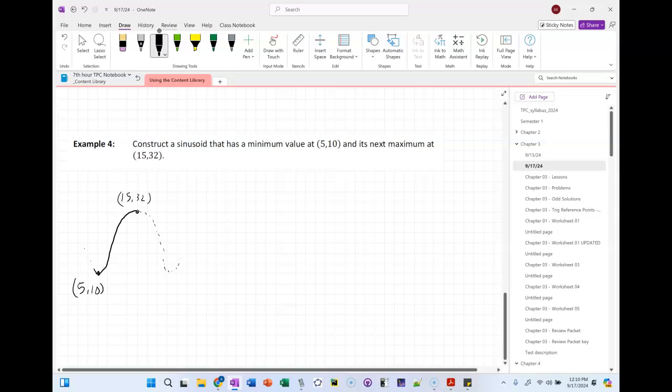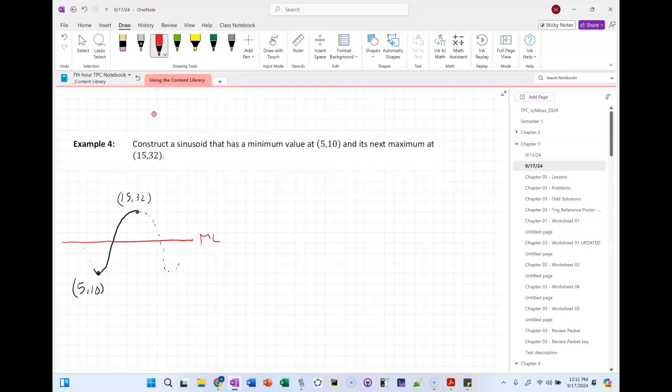Is everybody okay there? So we know the midline is going to look like this, right? Yes, sir. Sure. So we know that midline has to be halfway in between the minimum and maximum, right?